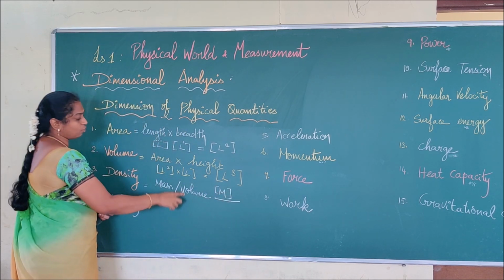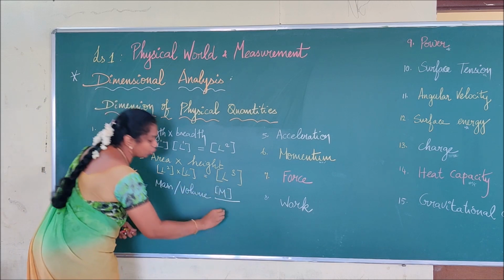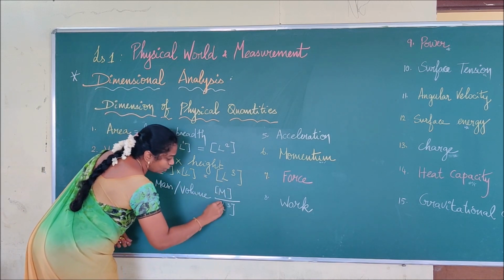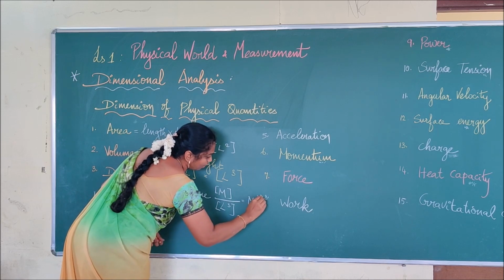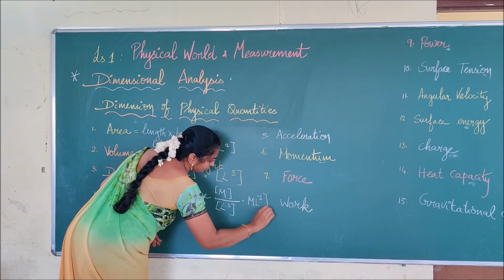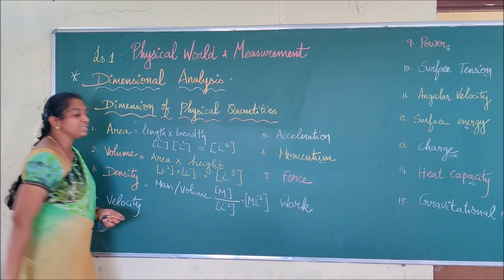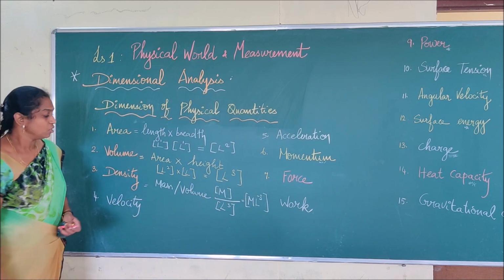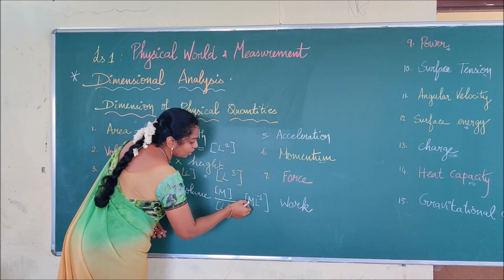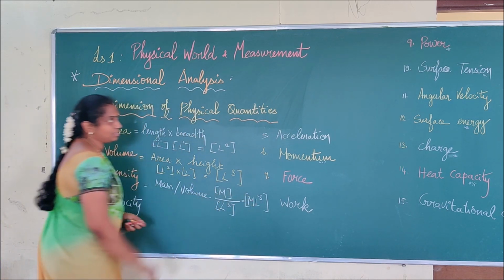Then volume we have calculated as L cube. Therefore we can write it in the same notation as L power minus 3. So that is the dimensional value for density. Right? So density has a dimensional value M power 1, L power minus 3.